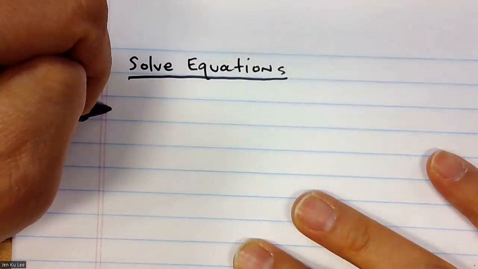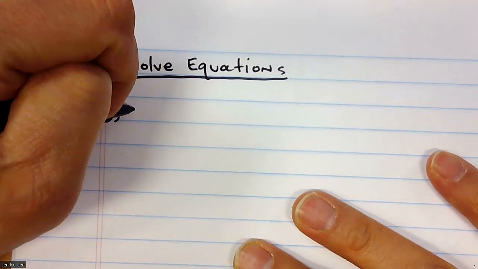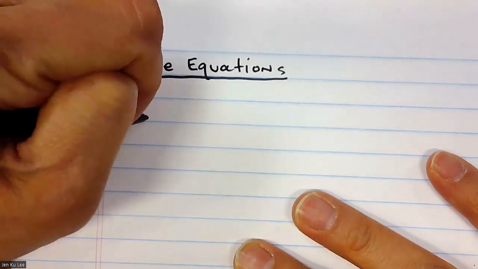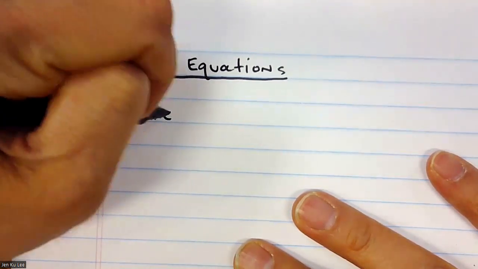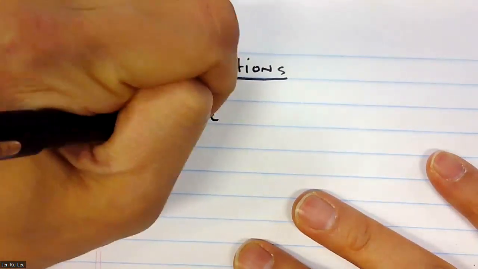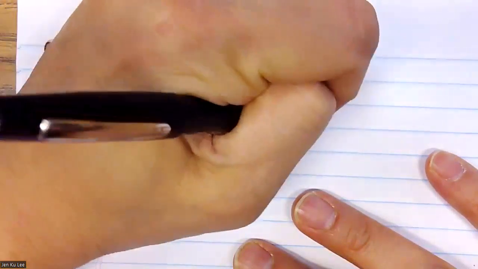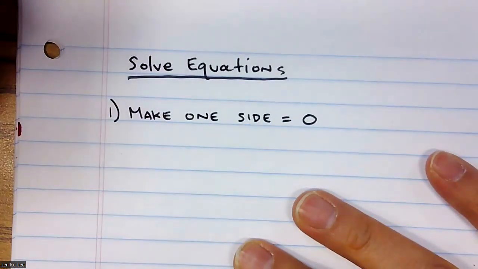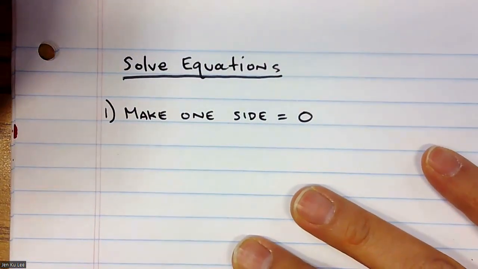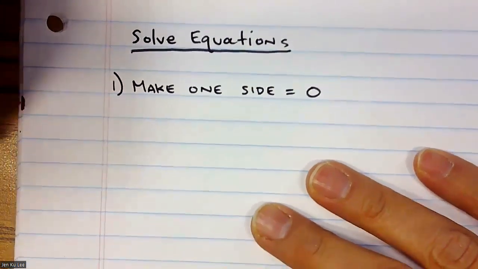So your first step here is to make one side equal to 0. Simple enough.